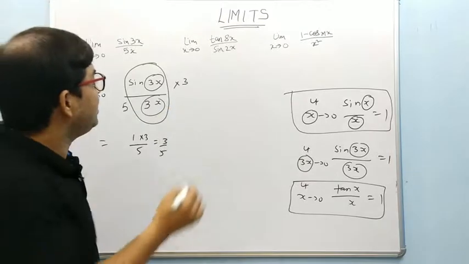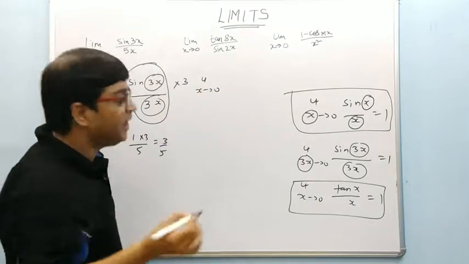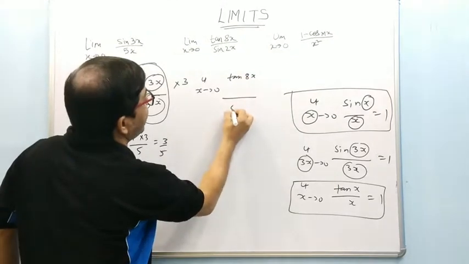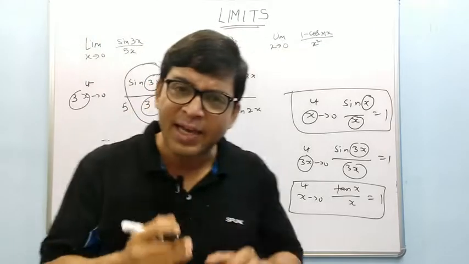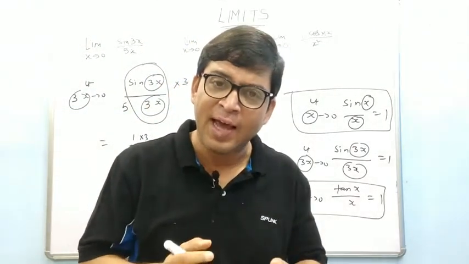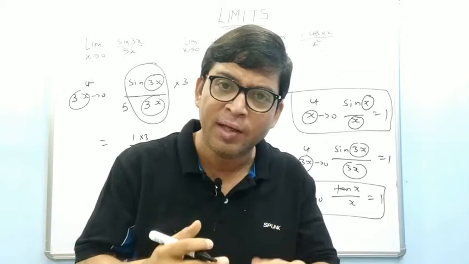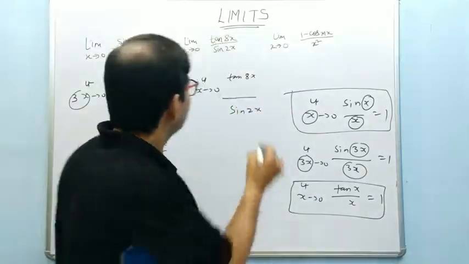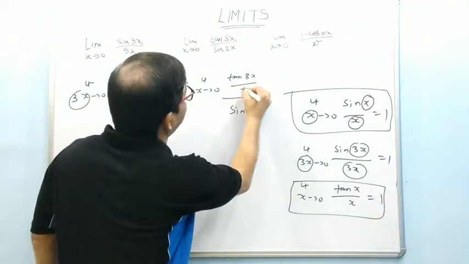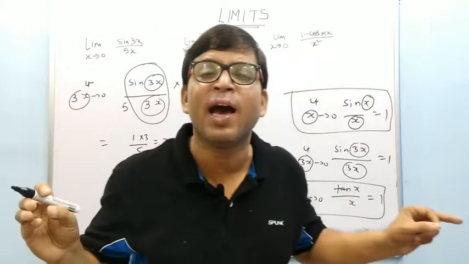In the same way, let us approach this problem: limit x tends to 0 tan 8x by sin 2x. What is lacking here? If tan x is there, x should be there in the denominator. If sin x is there, x should be in the denominator. So to balance it out, if I write x here, nothing wrong we have done.